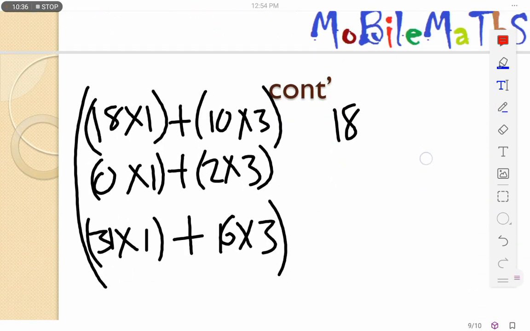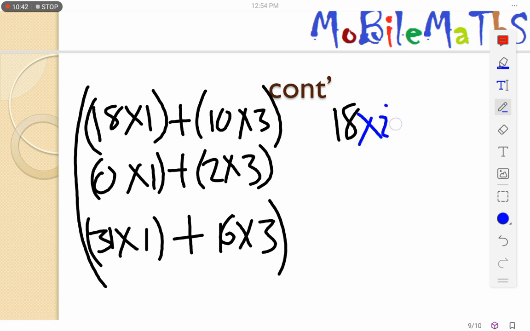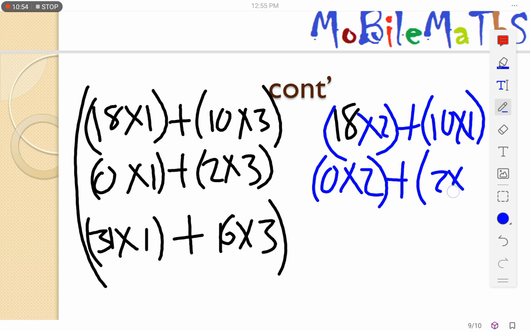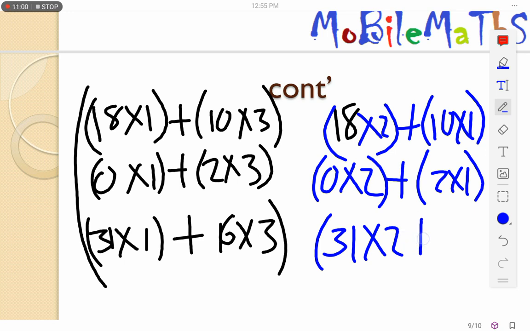I will have here 18 times 2 plus 10 times 1. Then on the other one, below, I've got 0 times 2 plus 2 times 1. Then the last one, I've got 31 times 2 plus 16 times 1. Okay, that's what we have.